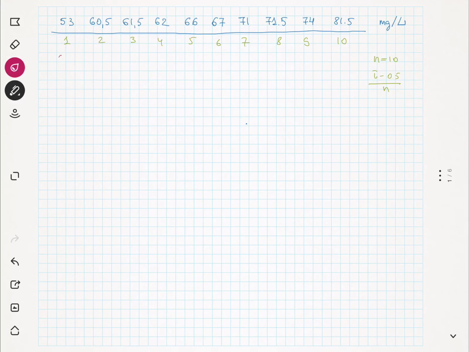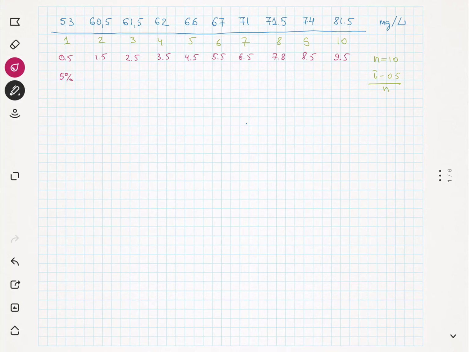1 minus 0.5 is 0.5, then we have 1.5, then 2.5, 3.5, 4.5, and so on, 6.5, 7.5, 8.5, and 9.5. Now we divide every number by 10, and I will write it down in percent. So 0.5 divided by 10 is 0.05, which gives us 5%.